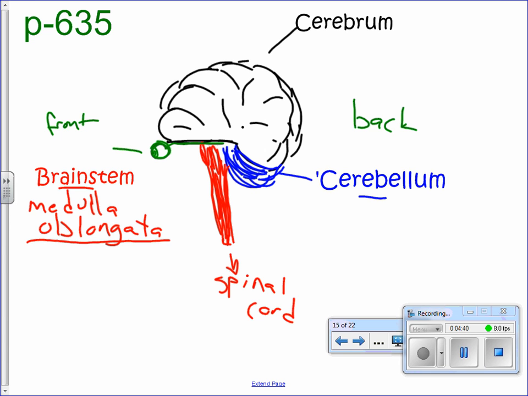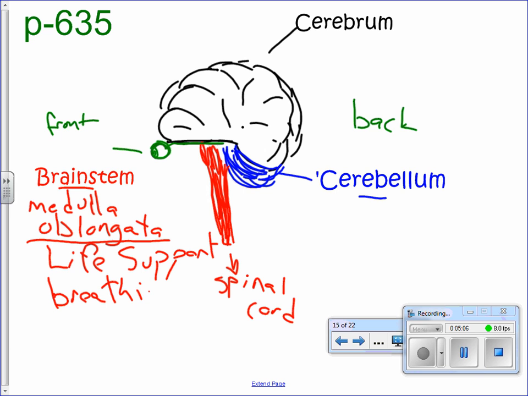Does anyone know what the brainstem does? Yeah, it's what I call life support. It's all involuntary, things like breathing, heart rate, smooth muscle, digestion, organs, all of that stuff. Your life support functions.